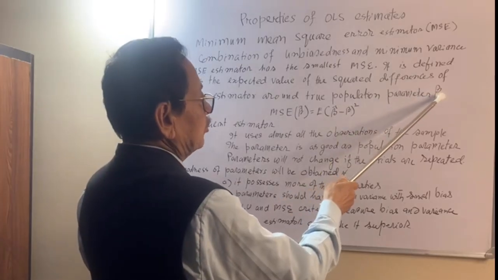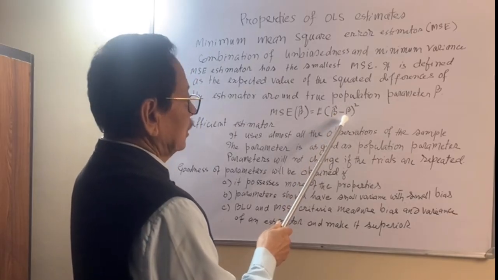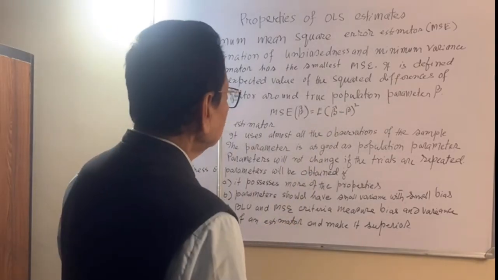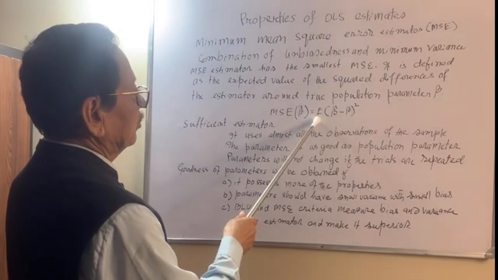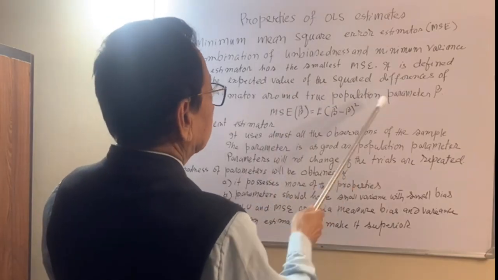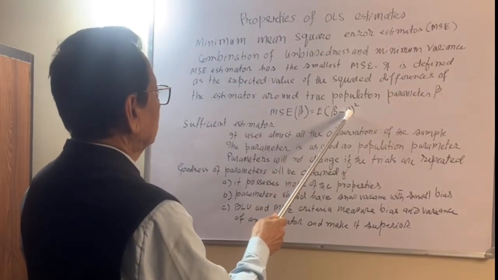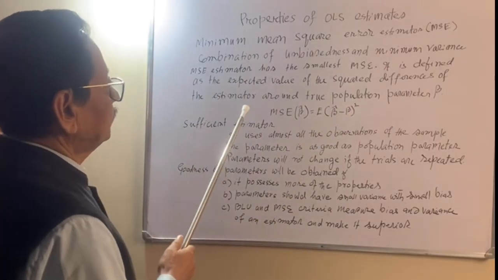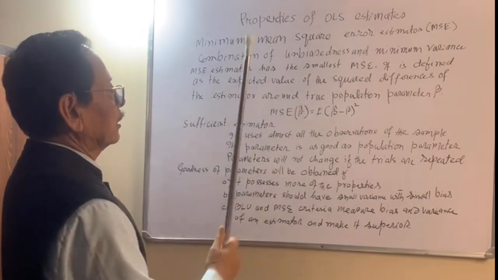With the population parameter beta and the estimate beta hat, MSE of beta hat is equal to the expected value of beta hat minus beta, squared.